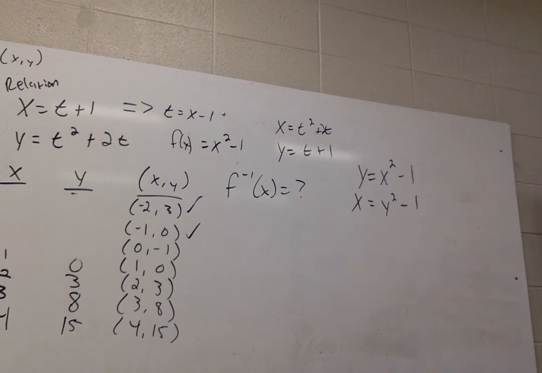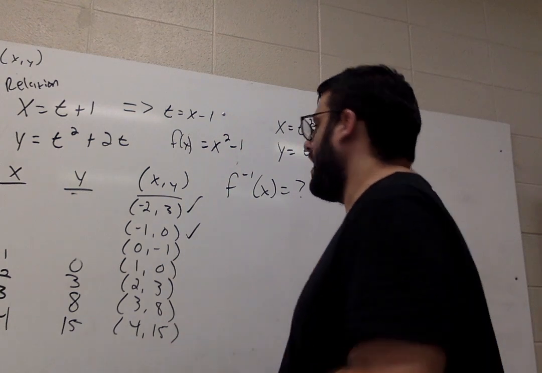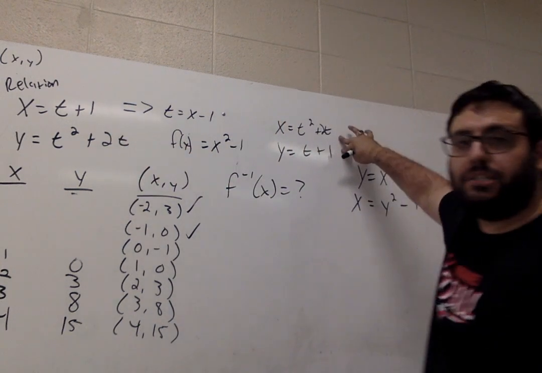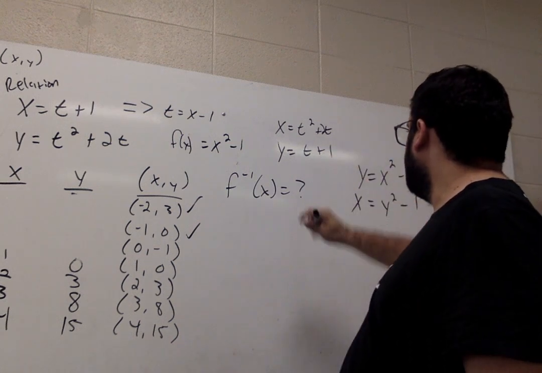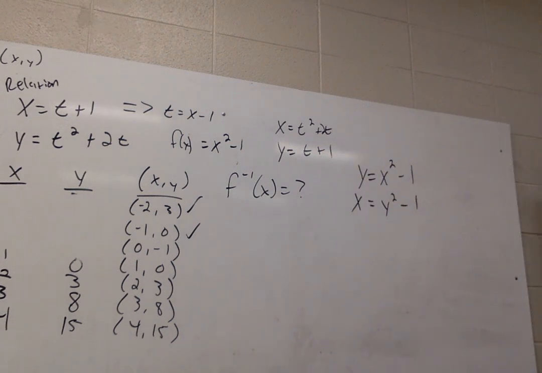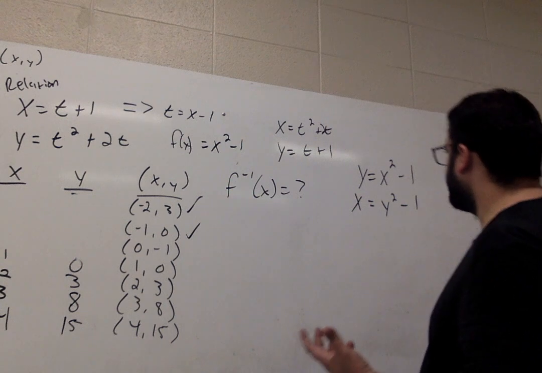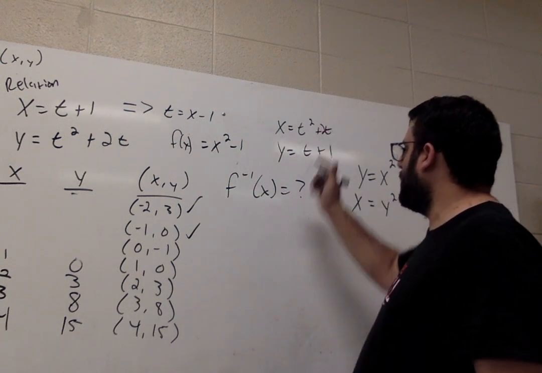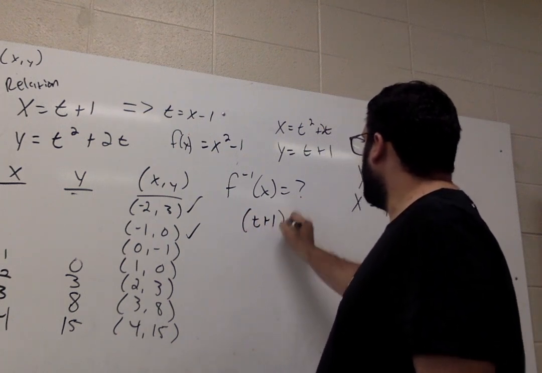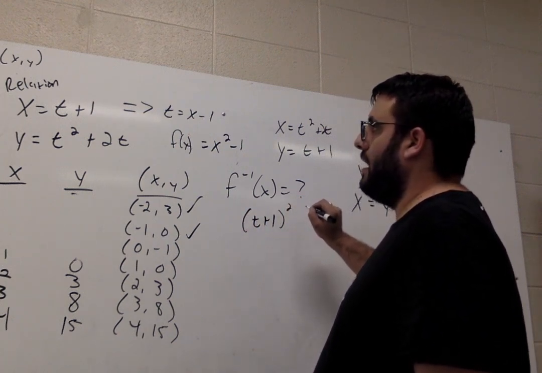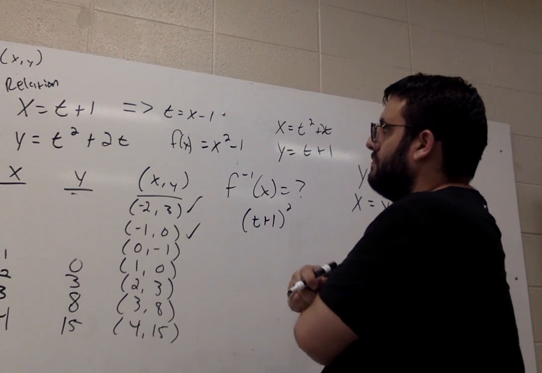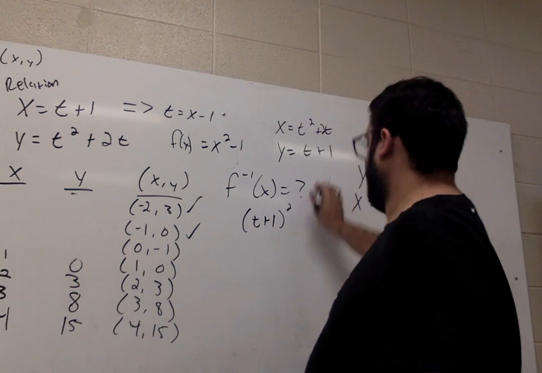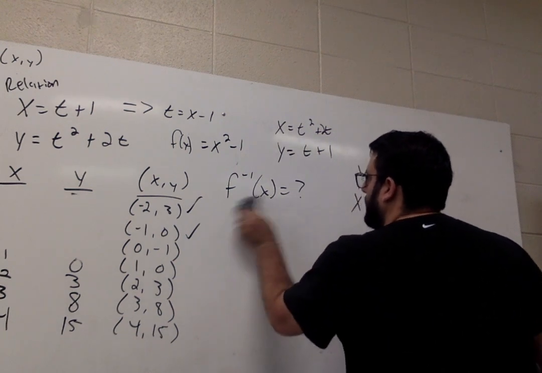And if you think about it, it kind of makes a little sense, right? If this is my relation here, and I try to write x as a function of y for this. So if I try to take this and put it in here, let's see, that's t plus 1 squared. I'm sorry, that should be, no, sorry, messing up.